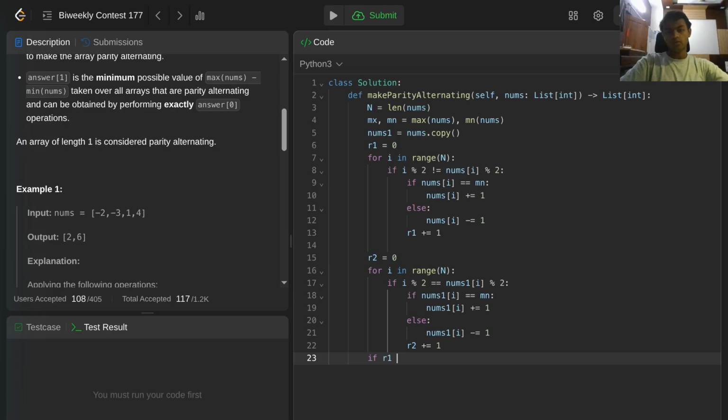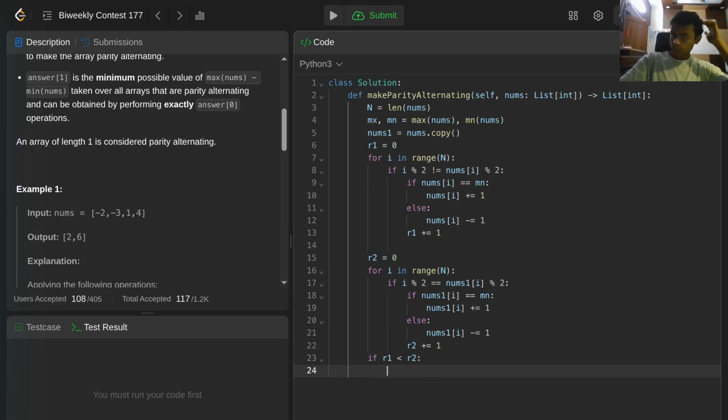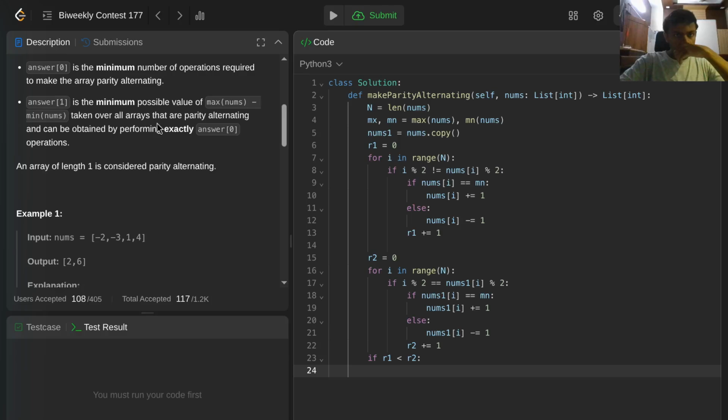If R1 is lesser than R2, return maximum nums of I minus nums of n. So diff is equal to max of nums minus min of nums.